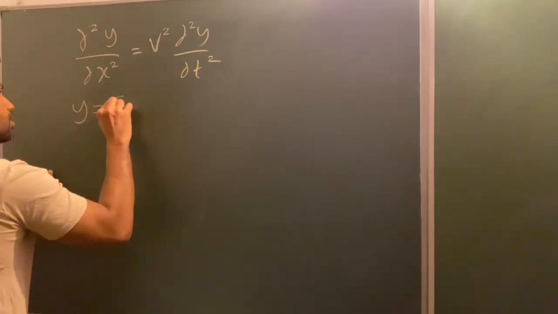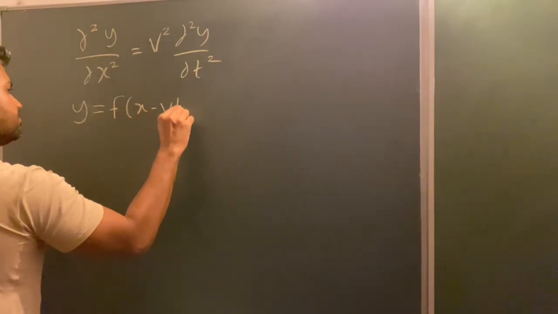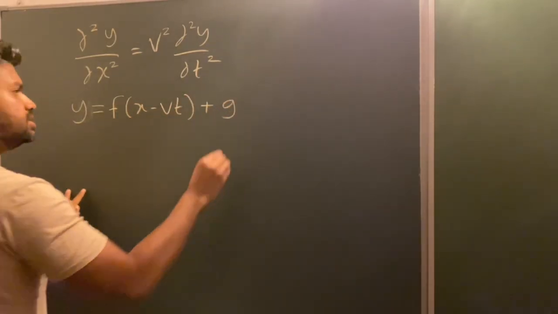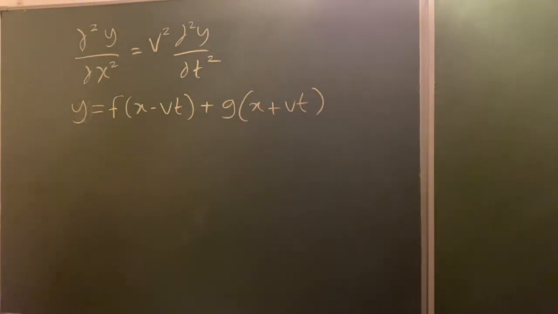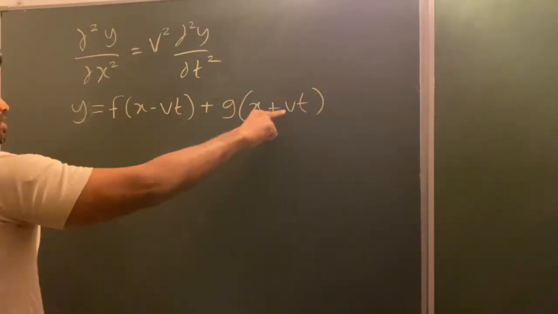I'm going to take it as f of x minus vt, plus another function g of x plus vt. Now I have two such functions: f of x minus vt, and g of x plus vt.